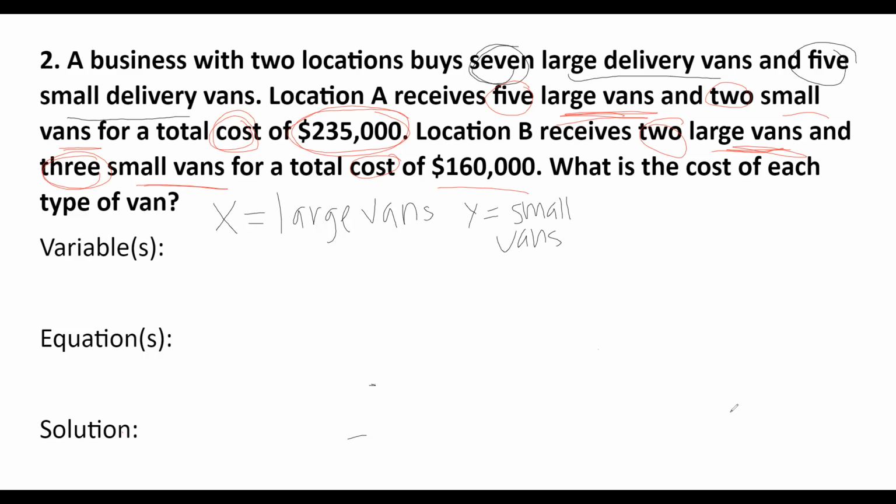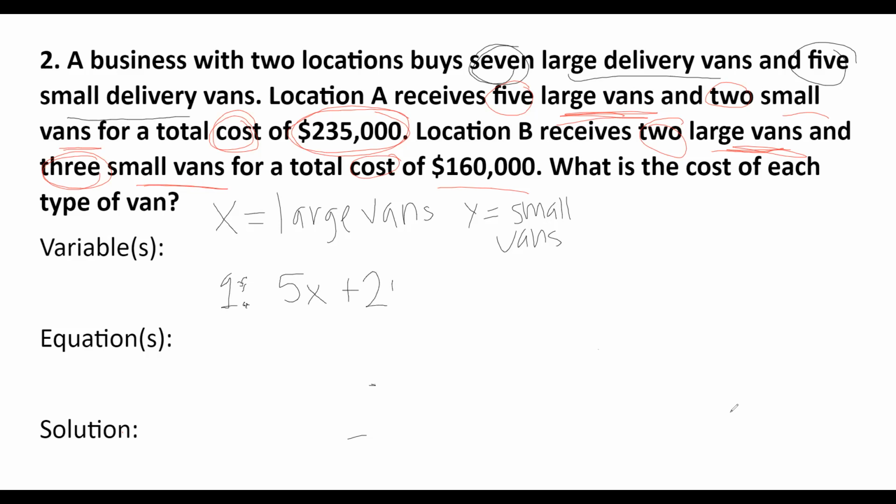I'm going to give you a minute to see if you can make your own equation. So what would be your first equation? Okay, right now you should have attempted to write your first equation, so now we're going to go over it. For location A, they have 5 large vans, so that's 5X plus, and how many small vans does location A have?